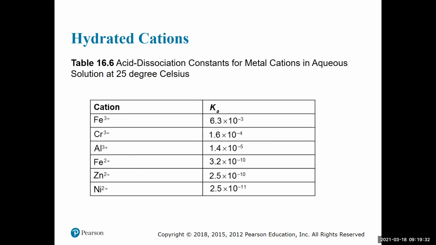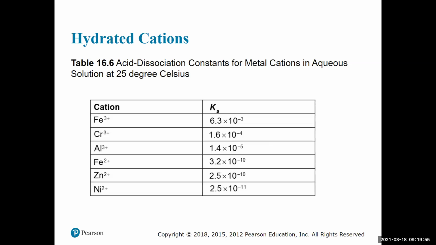Here's some of those Ka values. So we see for iron +3, Ka 10 to the -3, chromium 10 to the -4th. We go all the way down to nickel. That's only 10 to the -11th. So you see a pretty wide range of these cations to see how acidic they are.